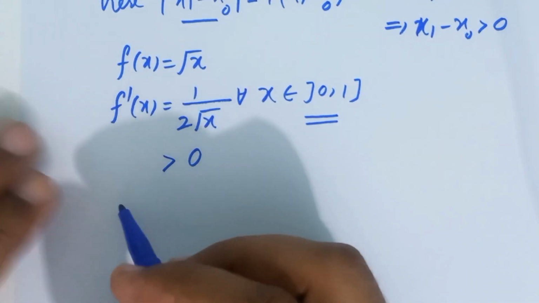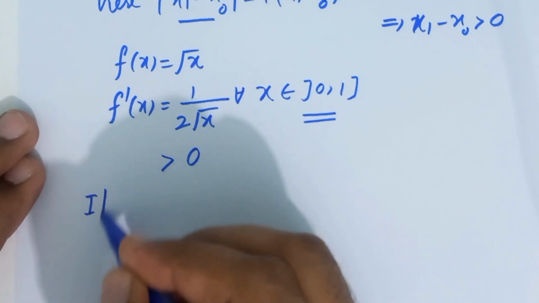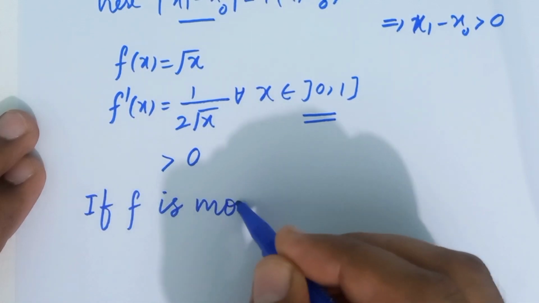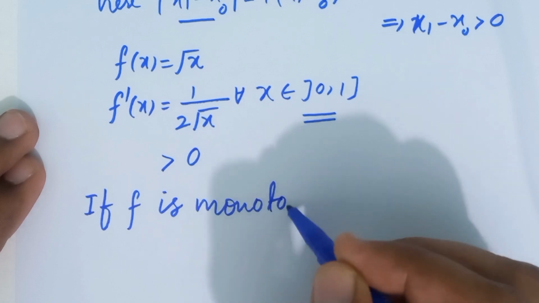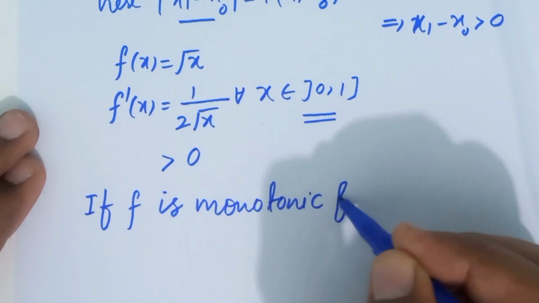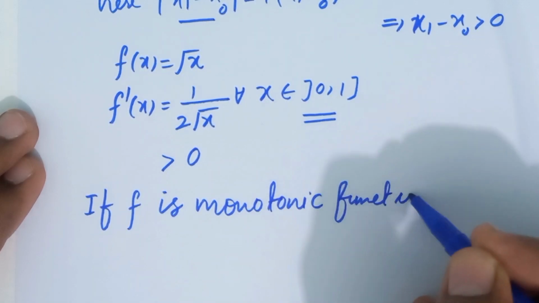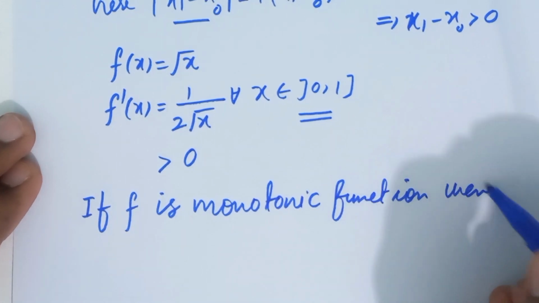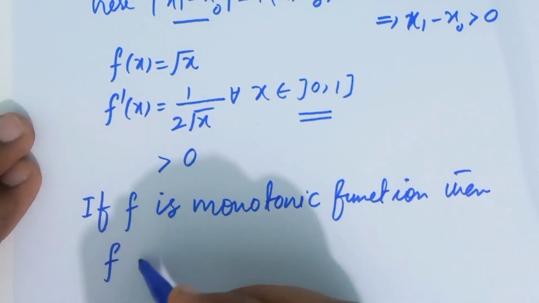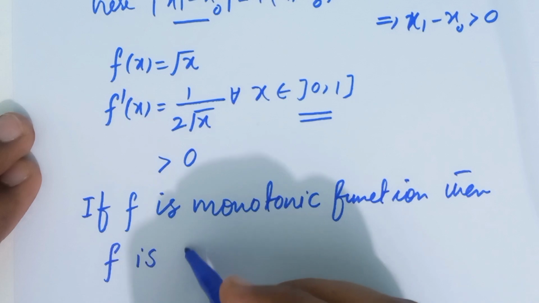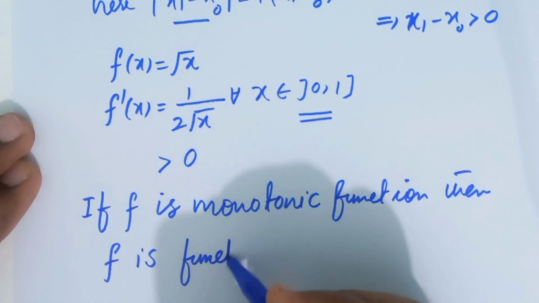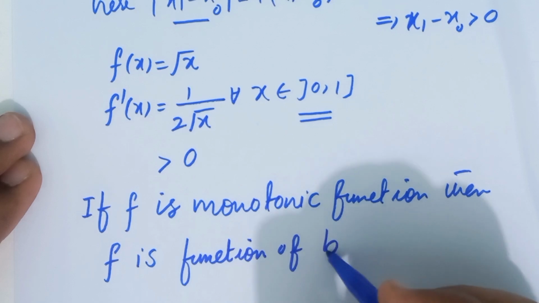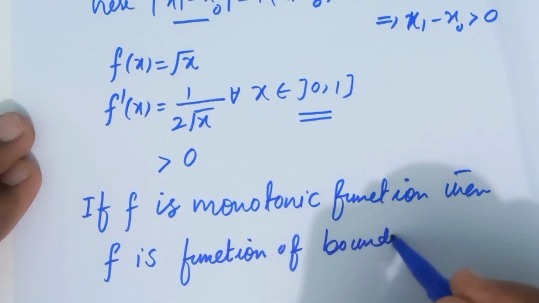That is, if f is a monotonic function, then f is a function of bounded variation.